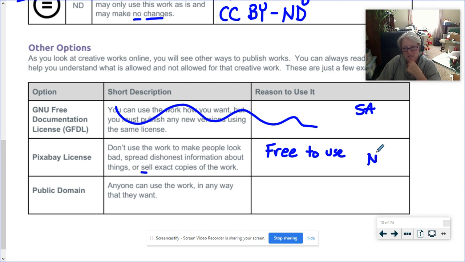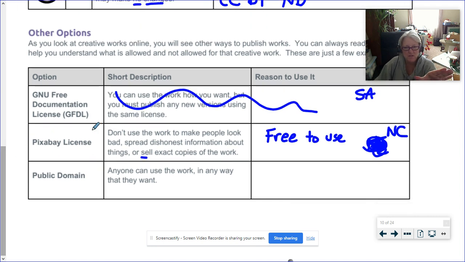Well, this one does say don't sell, so no derivatives, I should say. NC, non-commercial use. It's kind of like that one. Basically, usually a Pixabay thing, we're going to probably say something like this: public domain. If you see something that has public domain, it is totally free. You can use it, you can change it, you can do whatever you want with it.